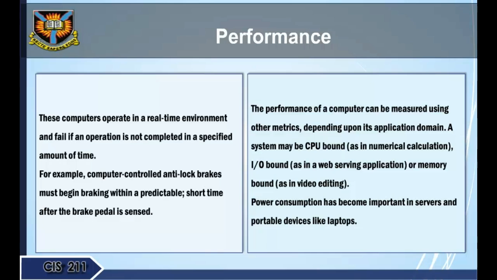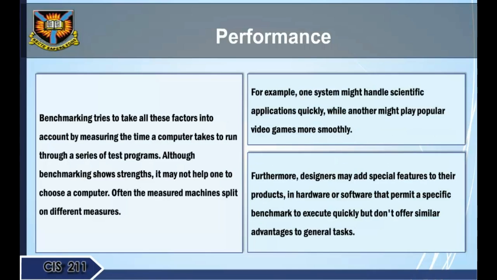Power consumption has become important in servers and portable devices like laptops. Benchmarking tries to take all these factors into account by measuring the time a computer takes to run through a series of test programs. Although benchmarking shows strengths, it may not help one to choose a computer. Often the measured machines split on different measures.